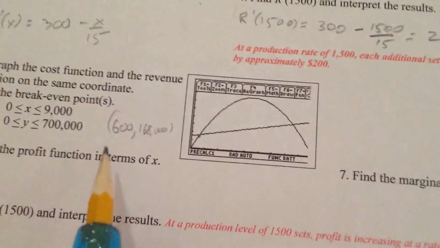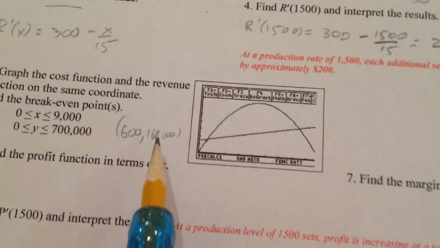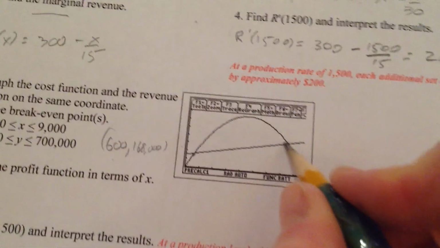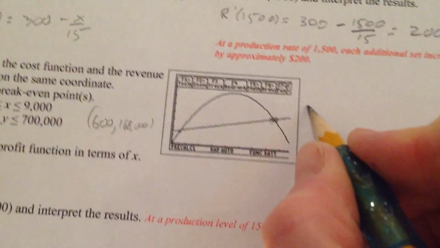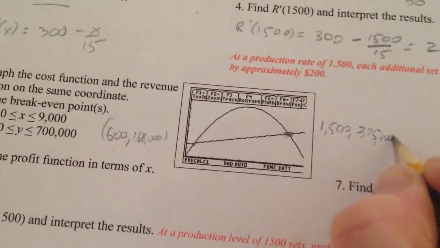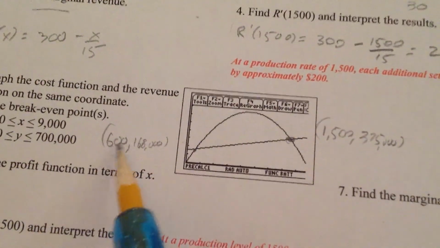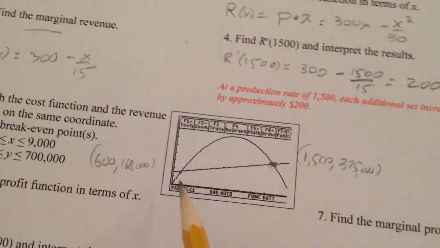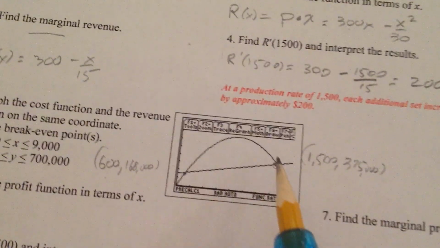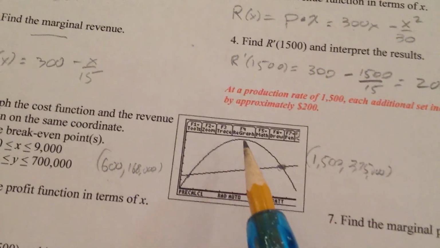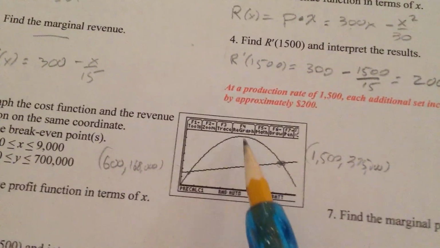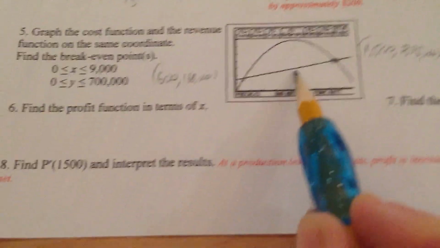So basically, after they make 600 TVs, the revenue becomes greater than the cost, and they start making a profit until they get to this point, which was 1,500 and 375. So from 600 to 1,500 TVs, they're making a profit. And eventually we're going to talk about, well, how do I maximize my profit? And maximum profit is the greatest distance between your revenue and your cost. And that's another thing that the derivatives will help us do eventually.